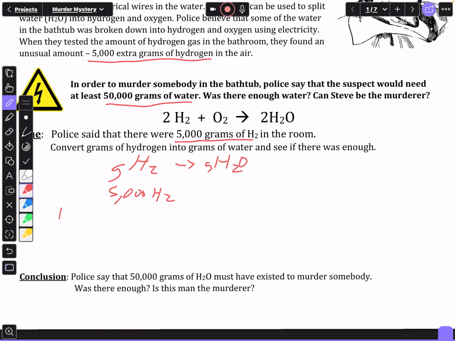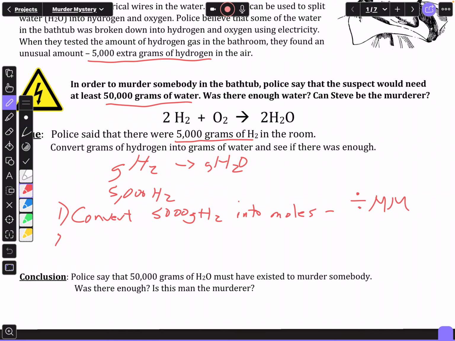So my first step, of course, is going to be to convert 5,000 grams into moles. And the way to do that is to divide it by the molar mass. So you take the molar mass of H2, 5,000 divided by that will give you the moles of H2.